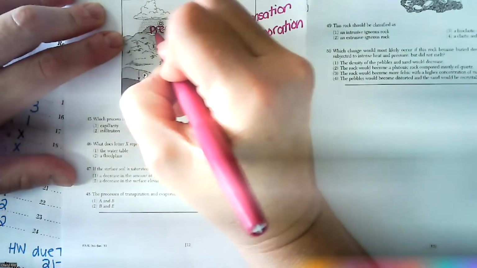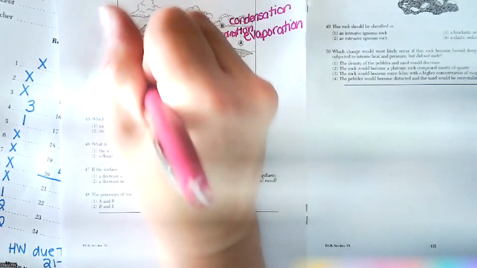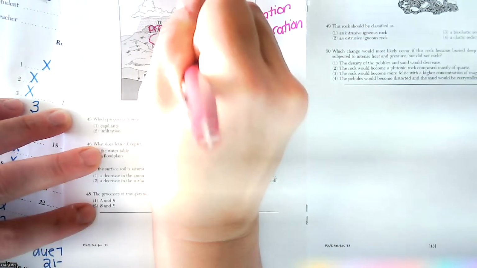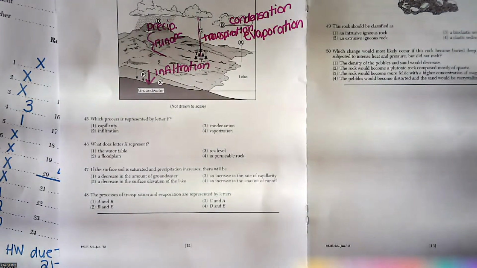E appears to be labeling that type of line there. That's runoff. And F is the water going into the ground. We just did that one. Infiltration.